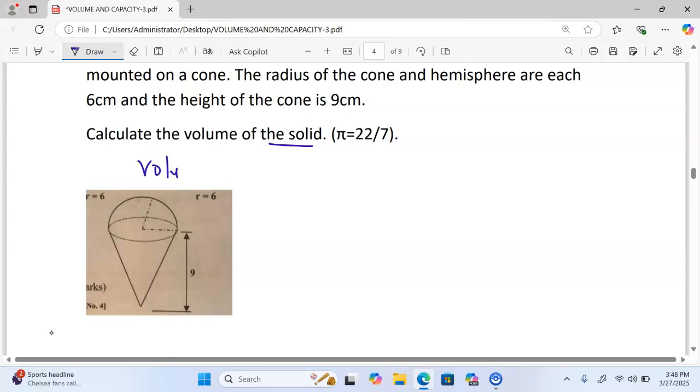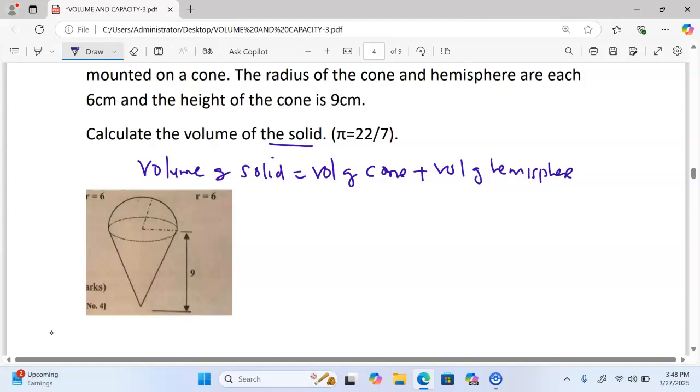Therefore, we can say volume of solid is equal to volume of a cone plus volume of the hemisphere. How do we find the volume of a cone? Volume of a cone is given by a third pi r squared times the height. We have been given the radius as 6 centimeters and the height of the cone as 9 centimeters.